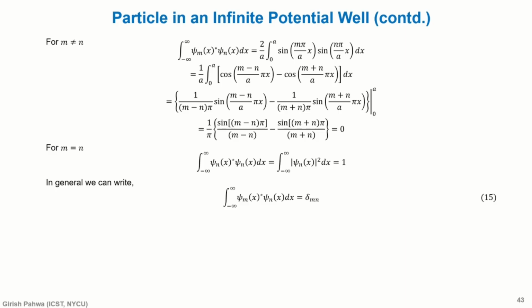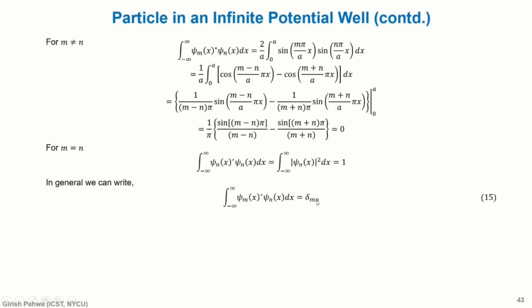By the way, if you have two functions which satisfy this identity, they are said to be orthonormal functions. In mathematics, if you have two functions and you take the conjugate of one function and multiply with the second function, you take the integration from minus infinity to infinity, and that gives you delta mn.